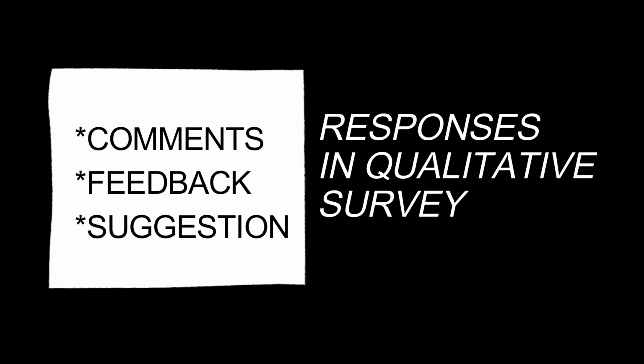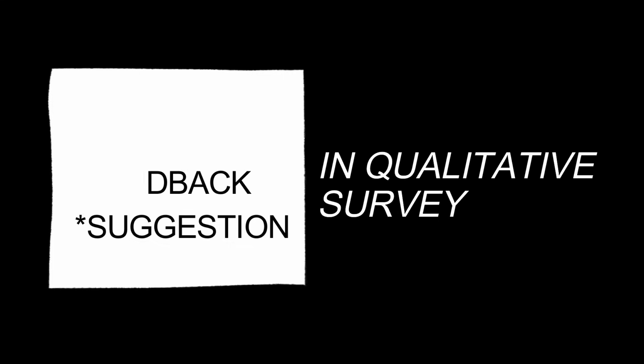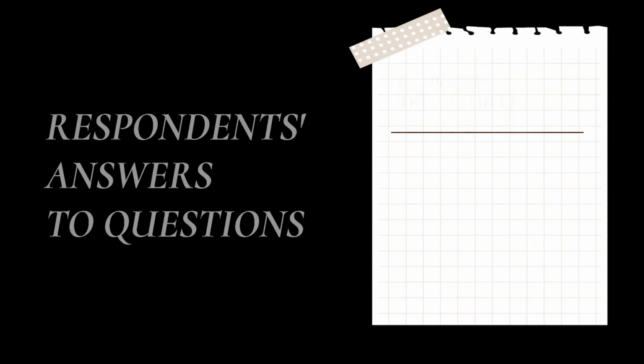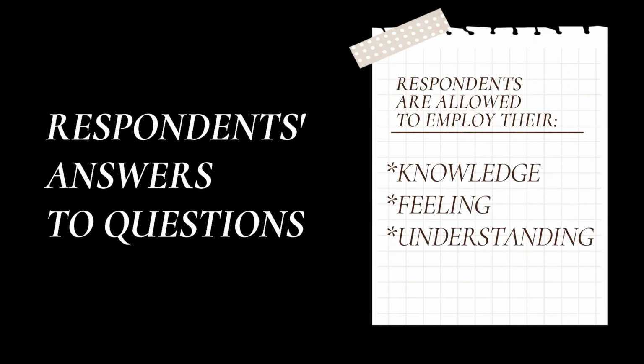Here, we inquire for comments, feedback, suggestions, and other kinds of responses that aren't as easily classified and tallied as numbers can be. We allow the respondents to answer in open text format so that they can answer based on their complete knowledge, feeling, and understanding.